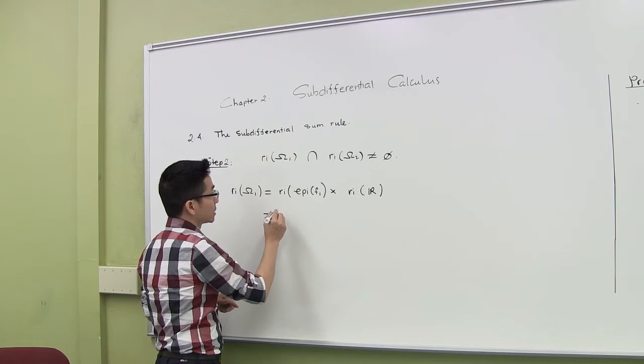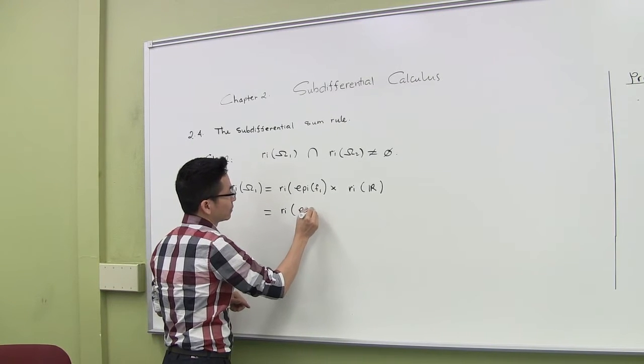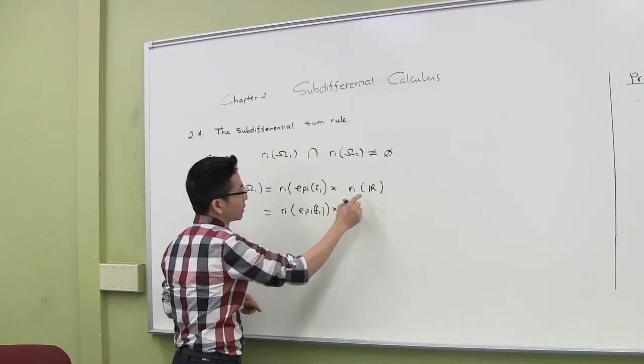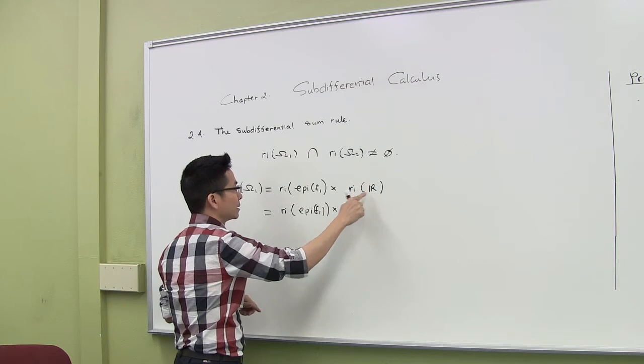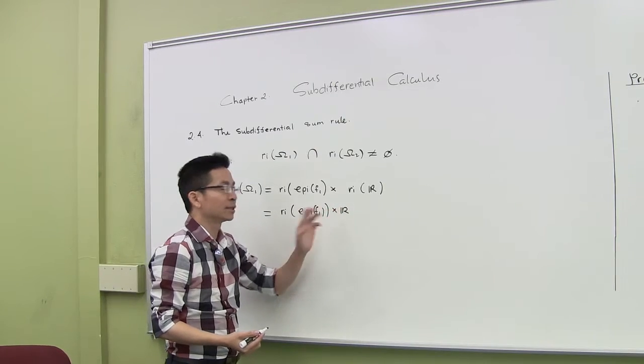And this is just the relative interior of the epigraph of f1 times R, because R here is the whole space R, so the relative interior is just itself.